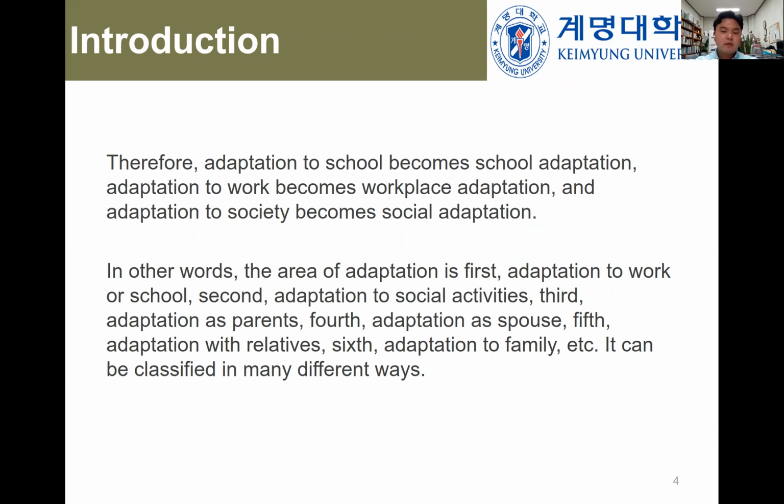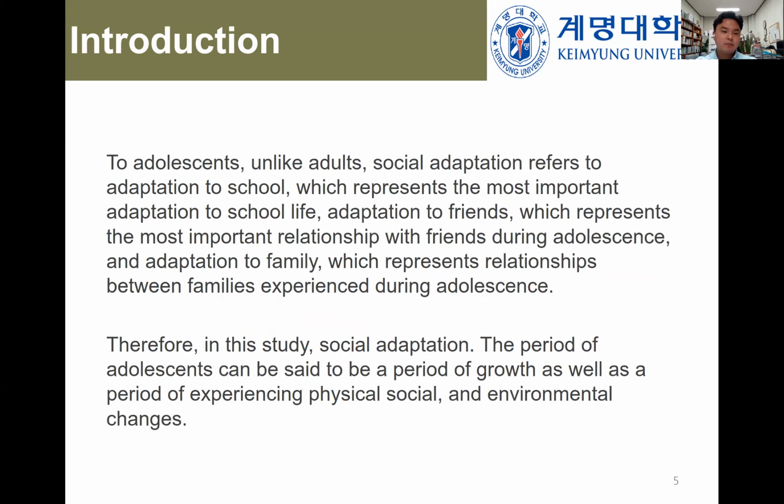In other words, the areas of adaptation are first, adaptation to work or school, second, adaptation to social activities, third, adaptation as parents, fourth, adaptation as boss, fifth, adaptation with relatives, and sixth, adaptation to family, etc. It can be classified in many different ways.